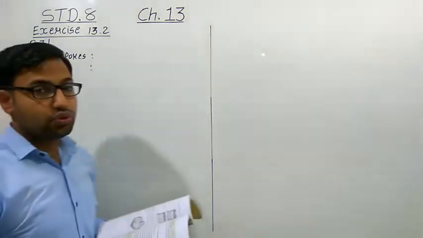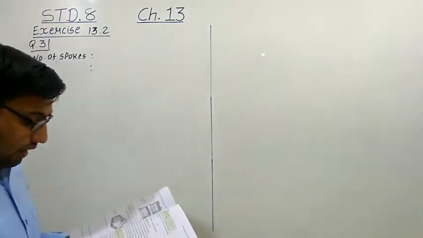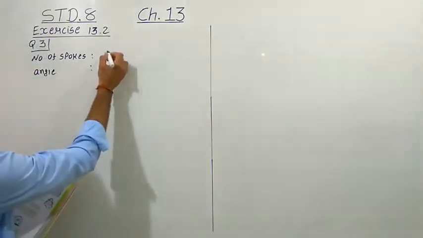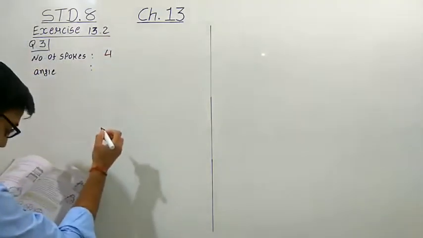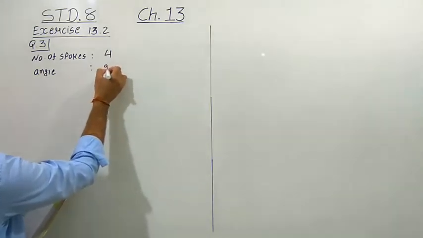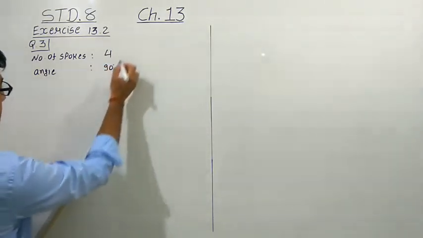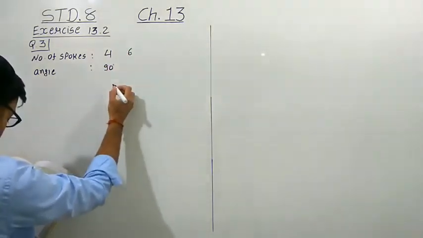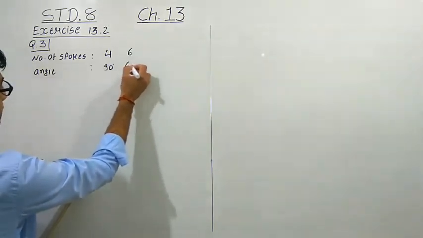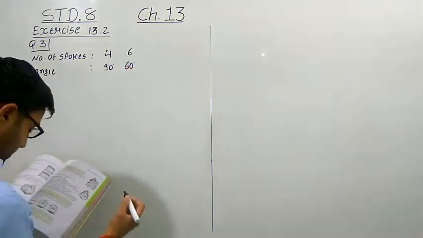If he makes only four spokes, the angle he gets here is 90 degree. Second thing is, if we make 6 spokes, then the angle between two consecutive spokes is 60 degree.